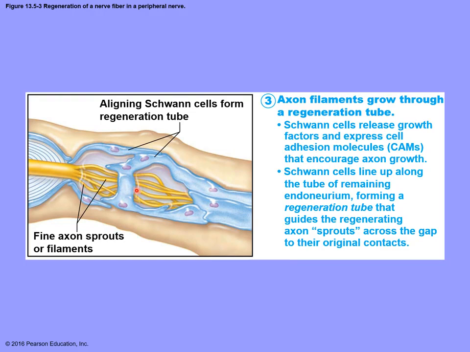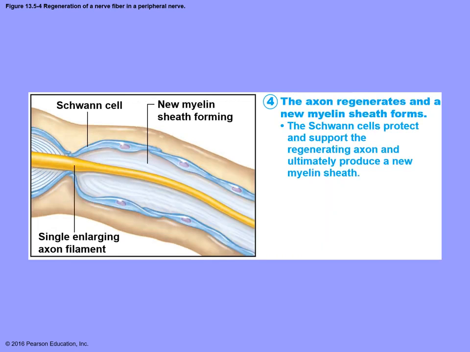It's going to be called the regeneration tube. It's trying to help line the pieces up. If you're going to regenerate that axon, you need the pieces to line up. So once the axon has regenerated, you form a new myelin sheath around it, and hopefully it has all lined up properly.